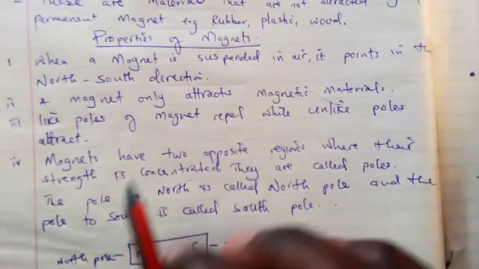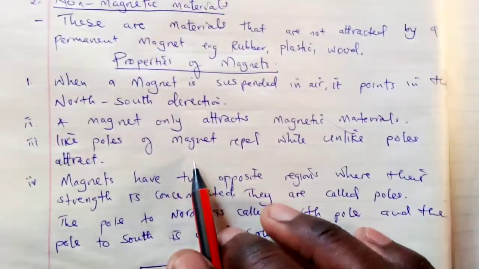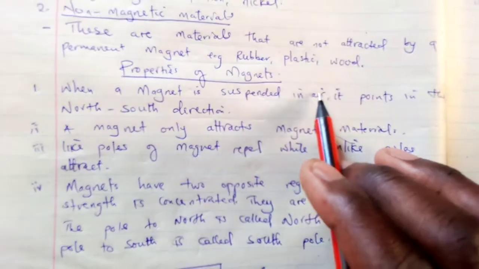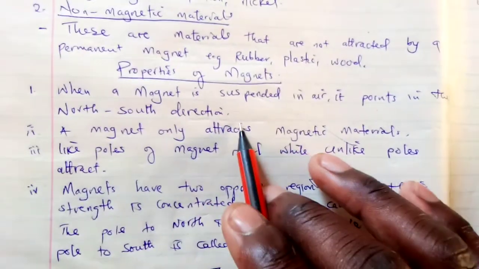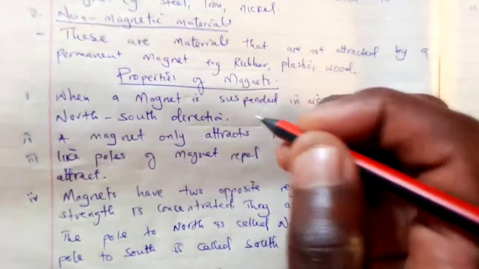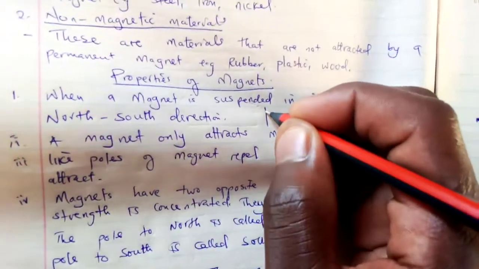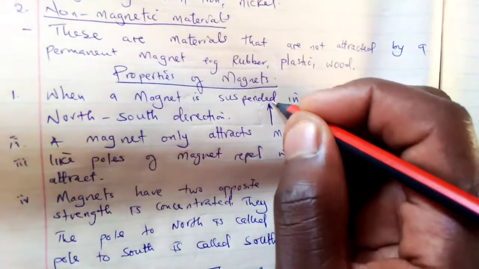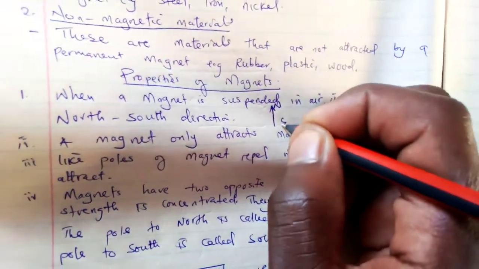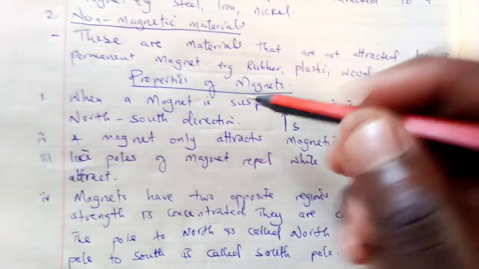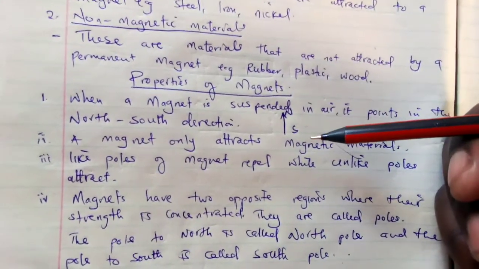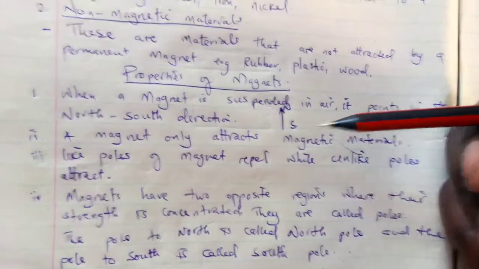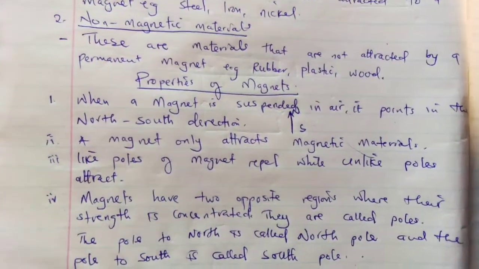For example, when a material is magnetic, when you suspend it in air, it points in the north-south direction. And we all understand when we say north-south, we know this is north, this is south. So when you suspend a magnet in air, it will point in this direction, north-south. That one is the first property.